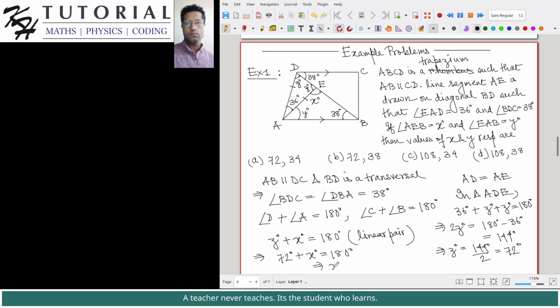This implies X is 180 minus 72, which is 108 degree. So x is 108.